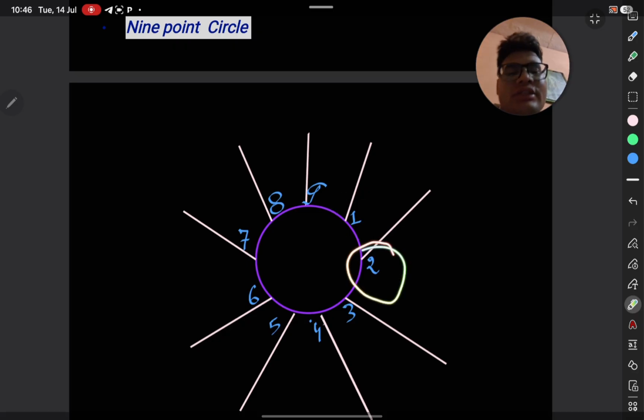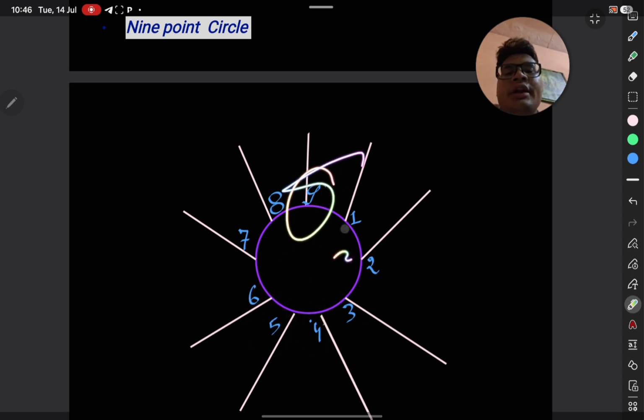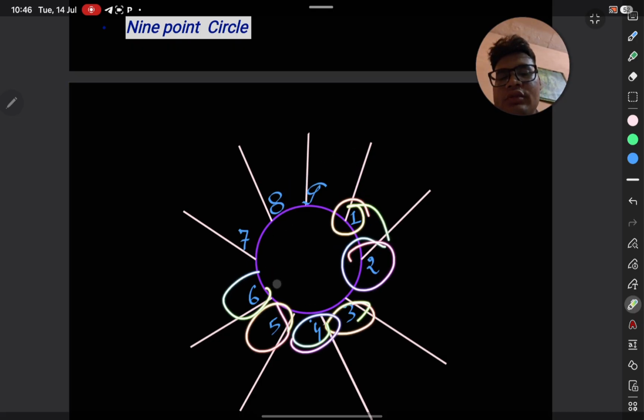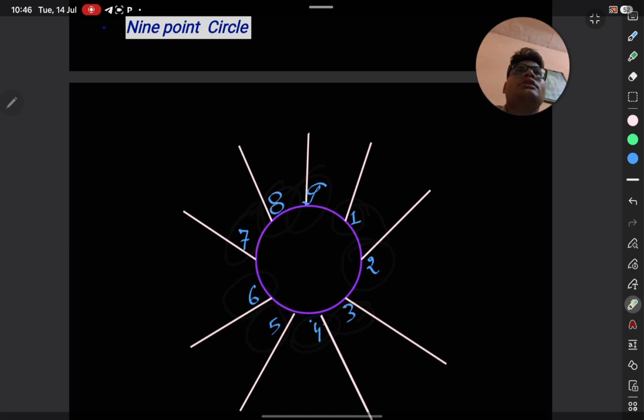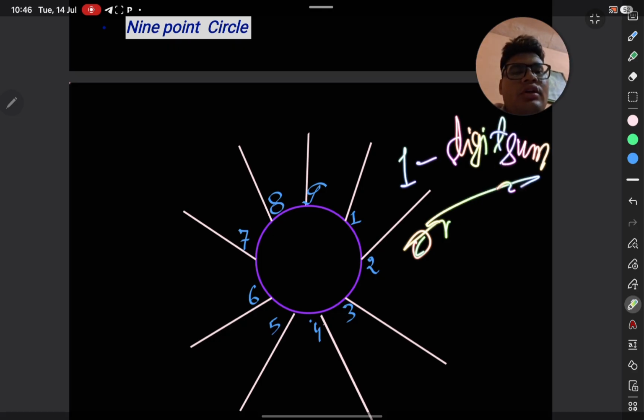Also 2 is its own digit sum, and 3 is its own digit sum, 4 and so on up to 9. These numbers from 1 to 9 are single digit numbers, and single digit numbers have their own digit sum.